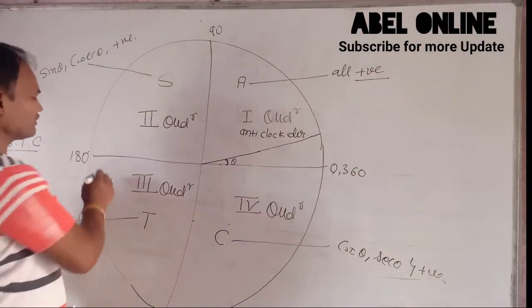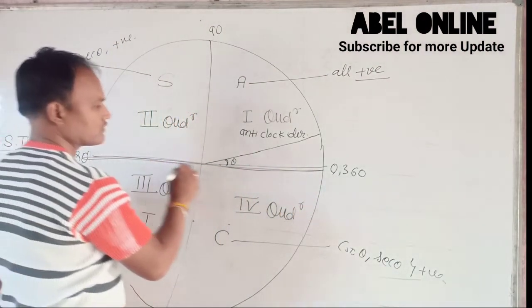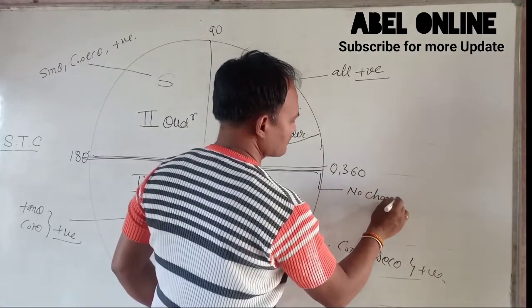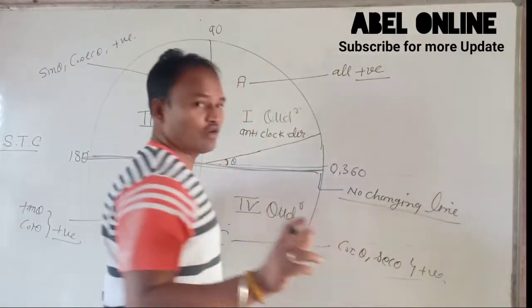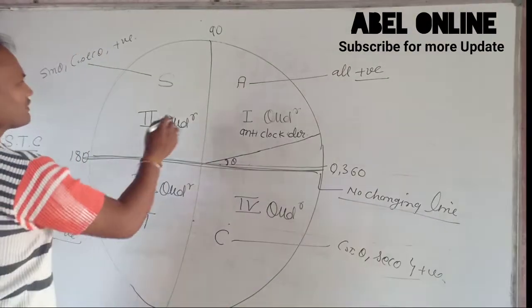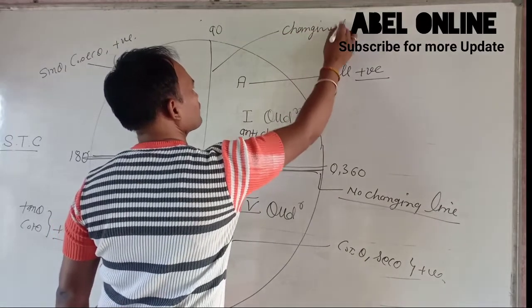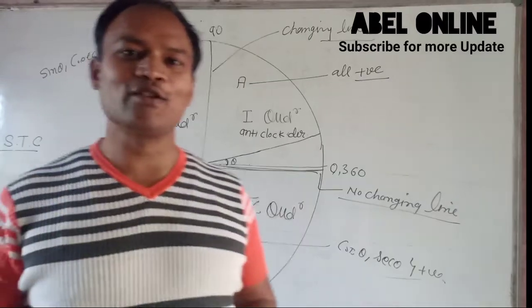This line is called the no changing line, and this is called the changing line. What are the changing and non-changing lines?